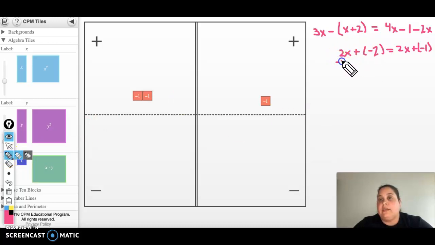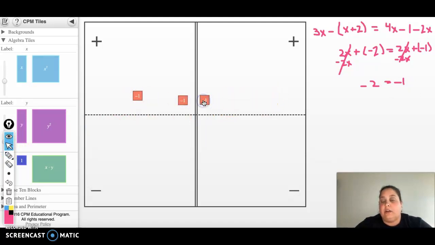I subtracted a 2x from this side, and I subtracted a 2x from this side. And when I did that, these 2 both canceled out, and I ended up with this negative 2 equals a negative 1. I can also take this pair away because these 2 are on opposite sides, and they're the exact same.